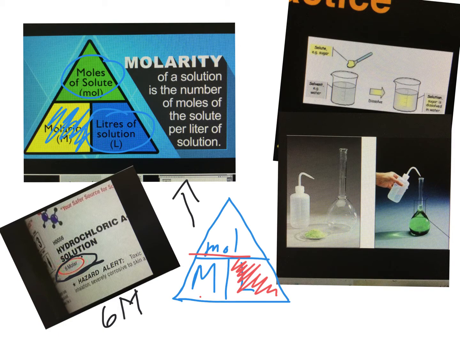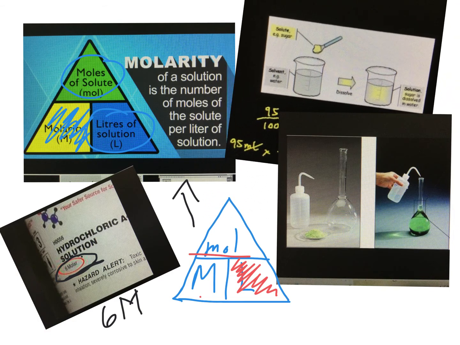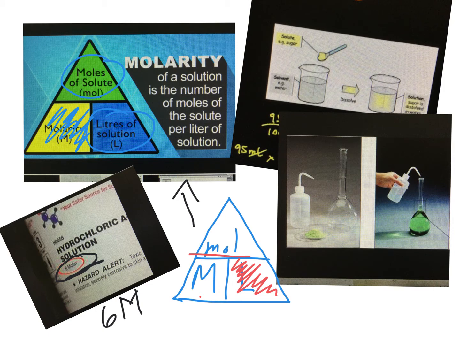Okay, now this is where you're going to actually be able to, if we had lab, and I'm going to go ahead and put some demos in there for y'all. Whatever you put inside a beaker, so usually it's a solid, that is your solute. It's what's being dissolved. Okay, now does it have to be a solid? No, it can be a gas.